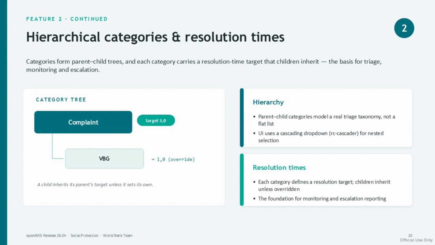So the child inherits from its parent element, but can also set its own. You have a parent-child categories model that allows you to define a triage taxonomy and not just a flat list. On the UI, we implemented a cascading dropdown that allows you to select the category based on this hierarchy.